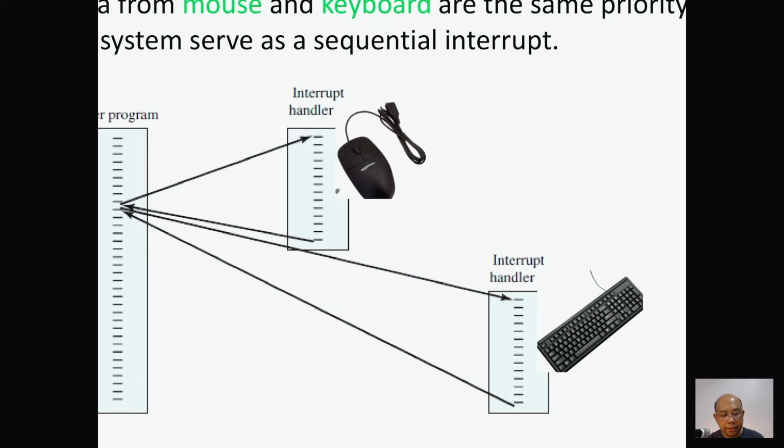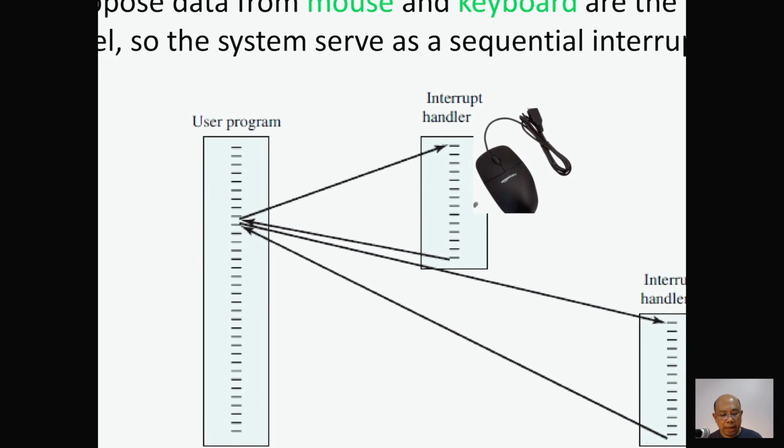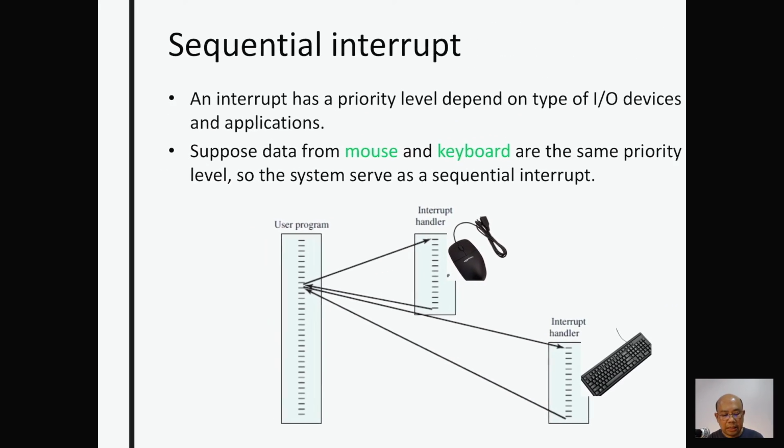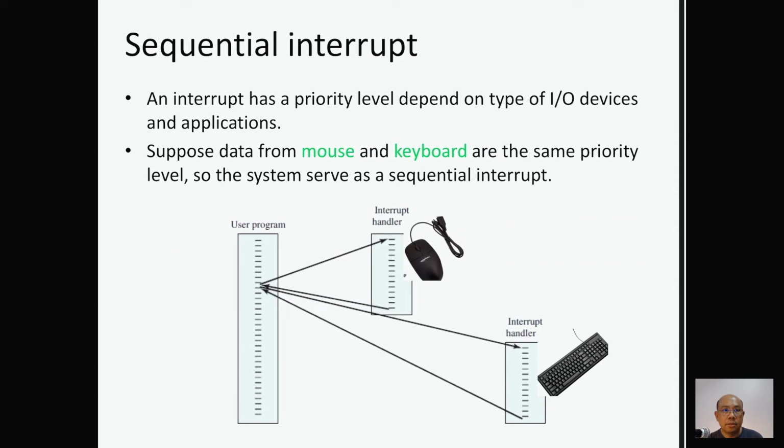After the service completes, the computer moves back to run the remaining lines in the main program. This is the I/O interrupt, and here we call it sequential interrupts. Sequential interrupts mean interrupts from two or more devices. Here I have two devices, mouse and keyboard. I do this by moving the mouse and typing on the keyboard immediately.